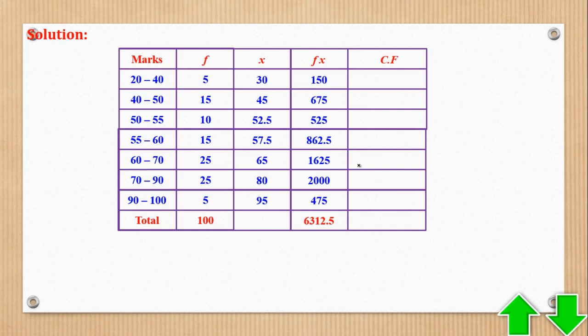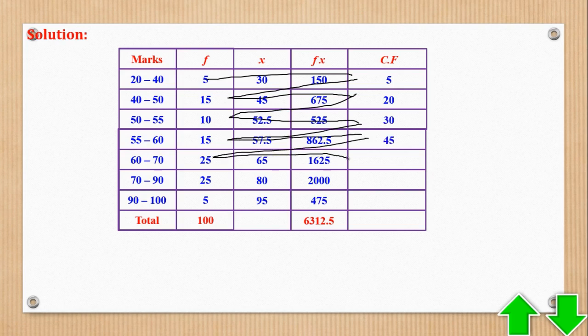Because we are told to draw an ogive, we need a column of cumulative frequency. So cumulative frequency, keep on adding cumulatively the frequencies. First put this first one, then 5 plus 15, 20 plus 10, 30 plus 15, 45 plus 25, 70 plus 25, 95 plus 5.